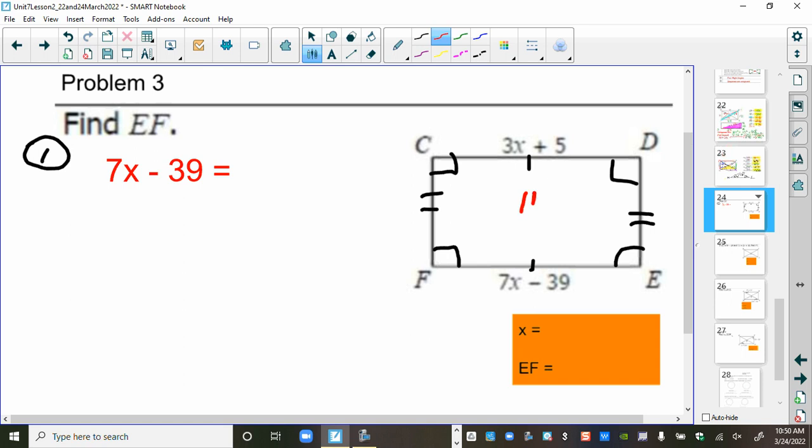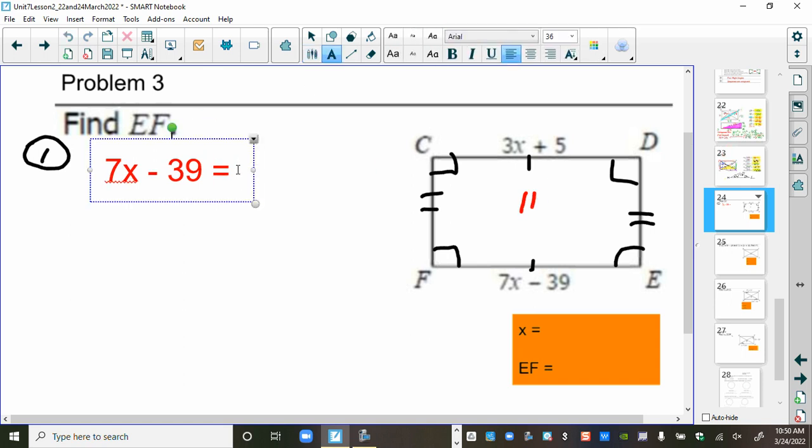Yeah, boom. Set them equal. Now, are we at a point where we can solve for the x? I want y'all to hit that real quick. Solve for x. I want y'all to solve for x and then find the value of EF. So once you get your value of x, plug it in.